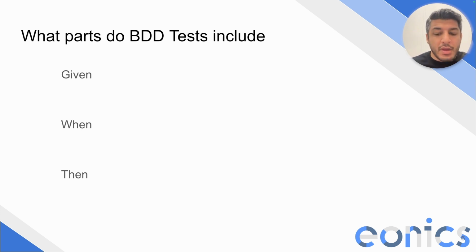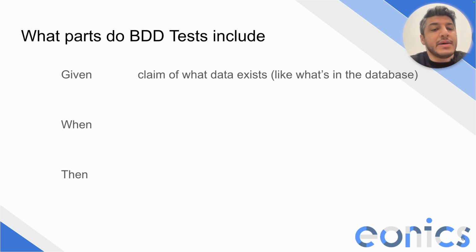So what is given? In the given, we claim what data exists. It's like populating our database. We populate our database to be able to use the data in the service that we're about to test.